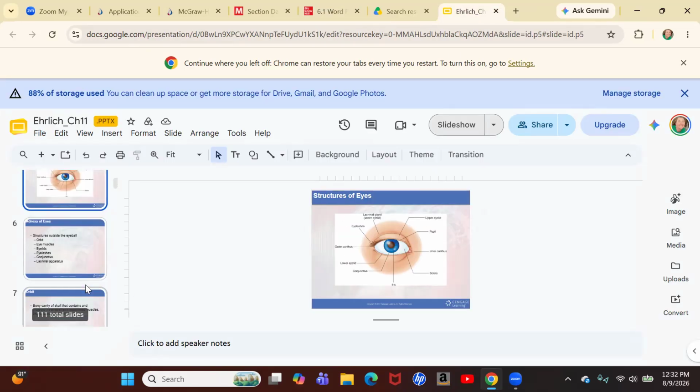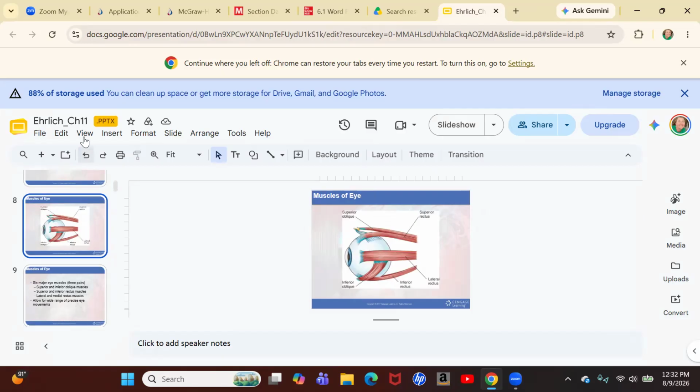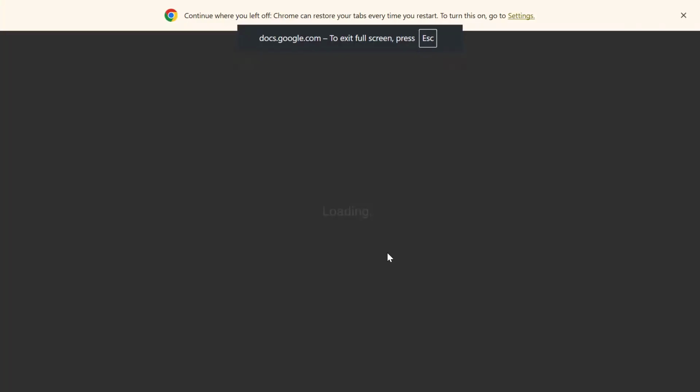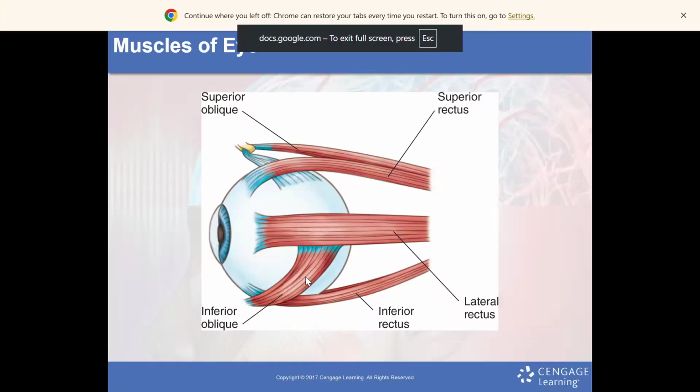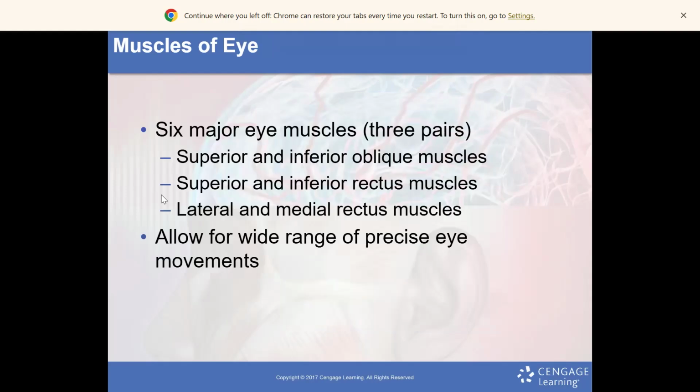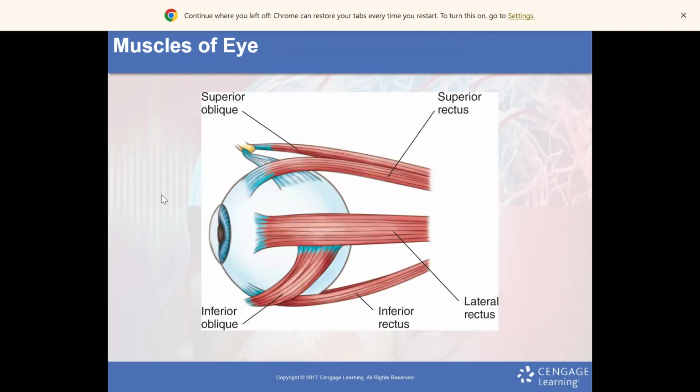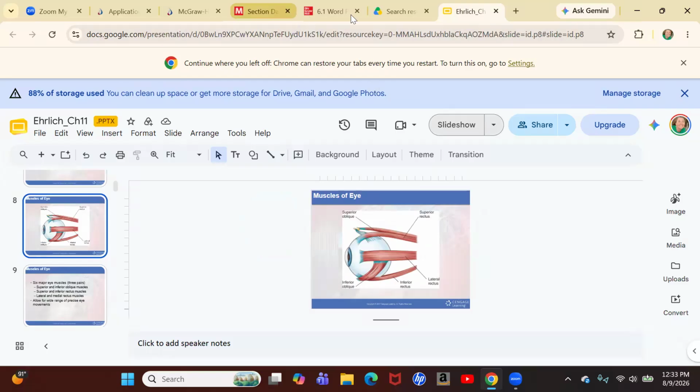When we look at a better picture here of the eye and the muscles that help to make the eye move in its ability to move within the eye socket, this movement of actually pulling and turning of the eye requires some lubrication.